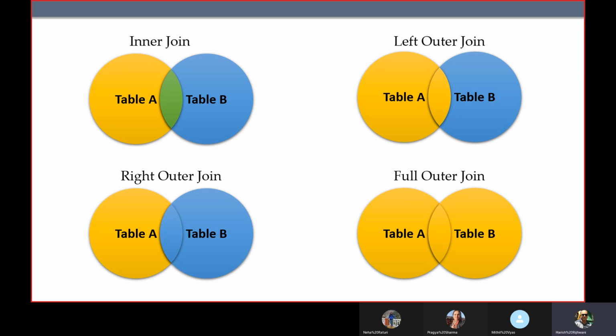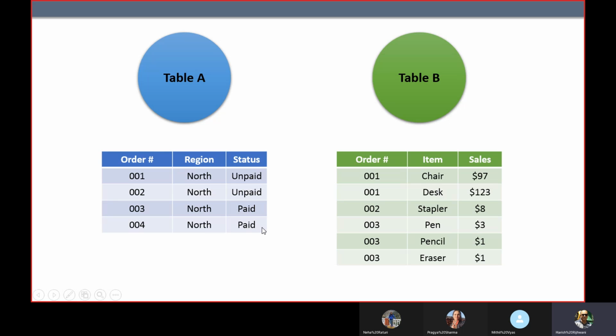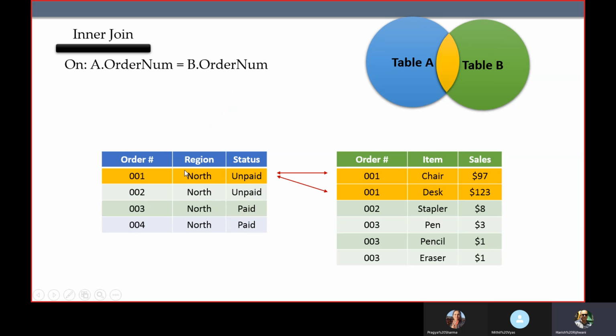Alrighty. Now there's one more thing which can happen: you can get duplicates in joins. If I join this table on orders, I will get two records for this 001 order. You see this, I've done an inner join on order number.